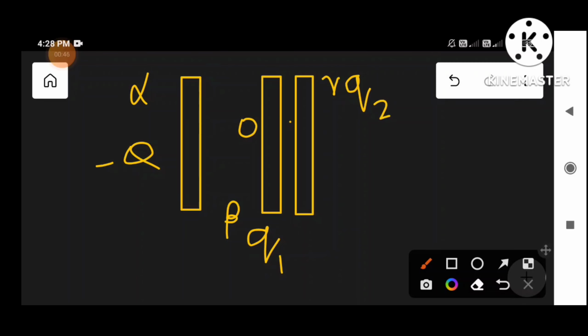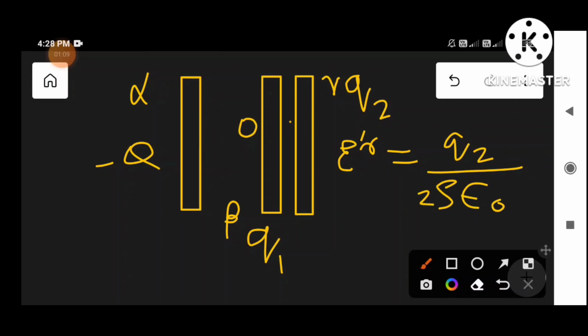So what is the electric field at O due to the plate gamma? We write that as E gamma dash after collision. These things are just after, post impact, right? So what are these expressions we are getting? It is Q2 by 2s epsilon naught, the electric field at point O due to plate gamma.